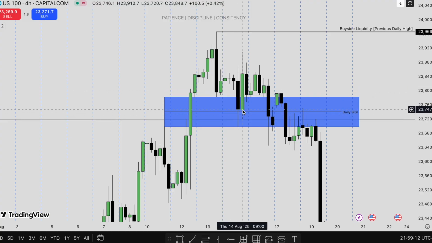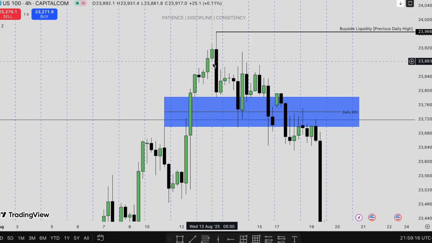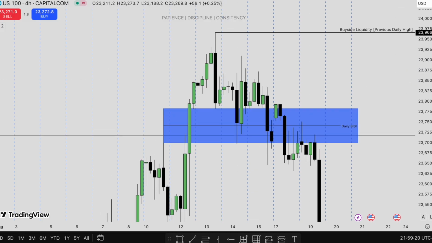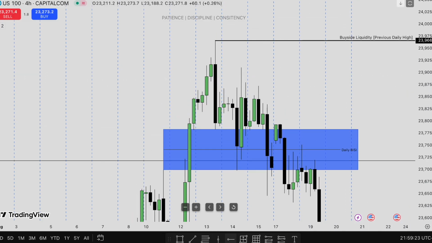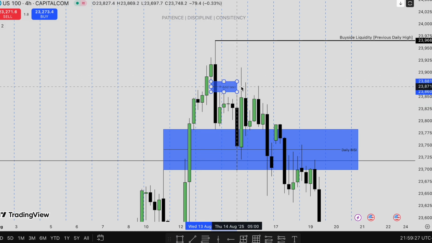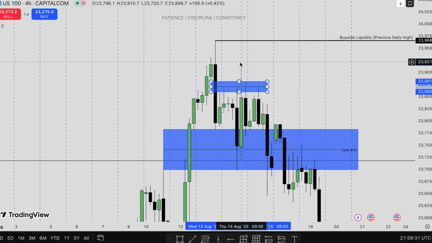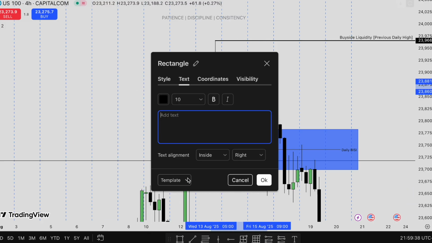I was looking for price to trade higher and draw for the previous daily high, but I was very cautious of this SIBI right here, because it's not always good to short against bearish PD arrays, right? I wanted to see if price can trade through it and draw for the previous daily high. But as you can see, we ended up respecting it and drawing lower.